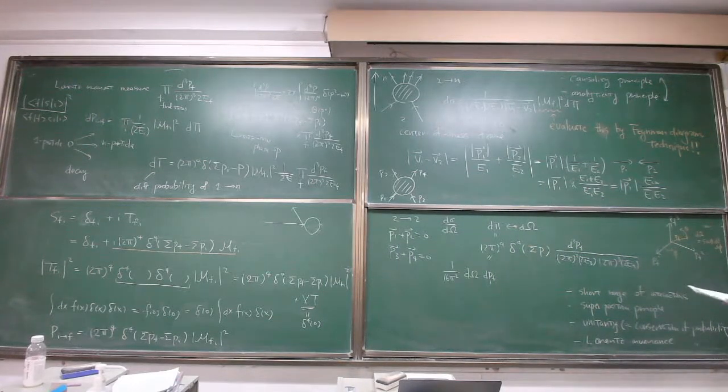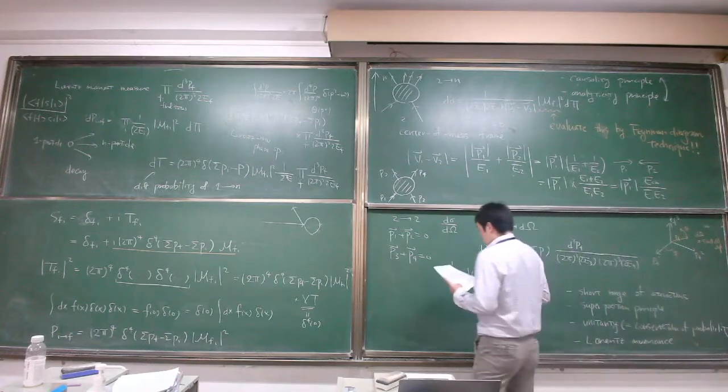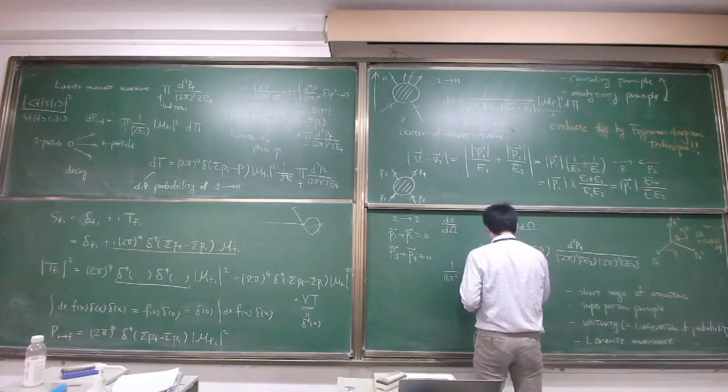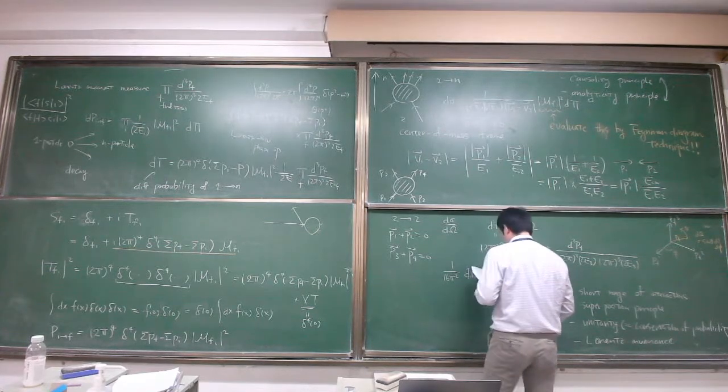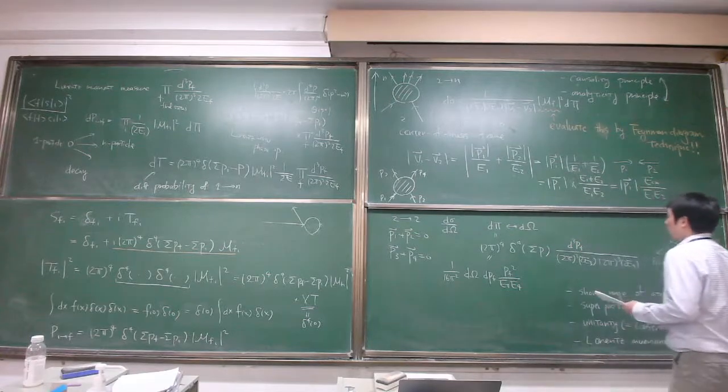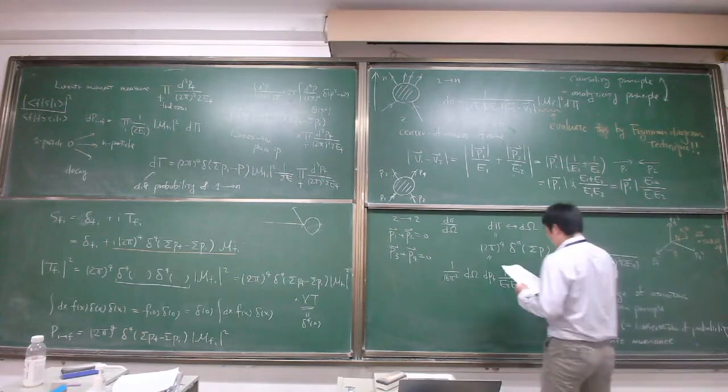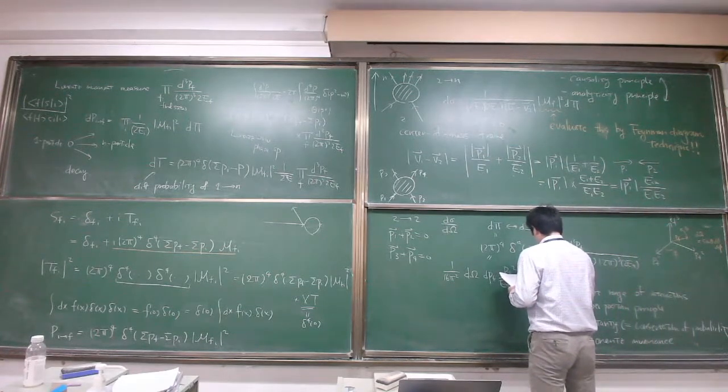And now what's left is the p_f squared, the radius part, and then E3, E4. And this delta function just reduces to the energy conservation.